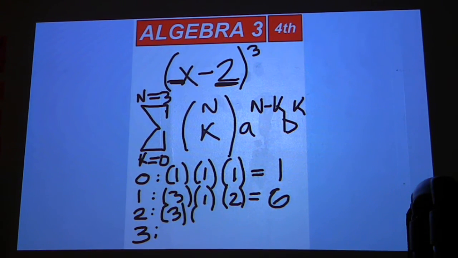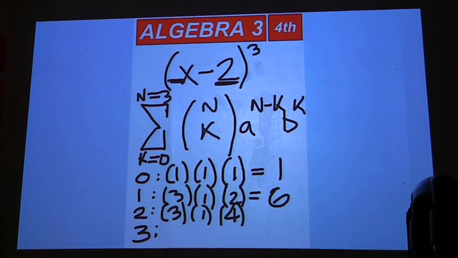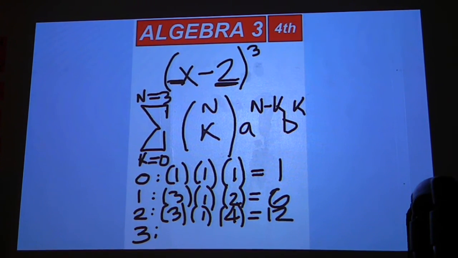And then we go over to the a. That is 1. 1 to the n minus k is 1 to the 3 minus 2, which is 1 to the 1 power. 1. And then we go to b to the k power. That's 2 to the second power, which is 4. Multiply them all together to get 12.